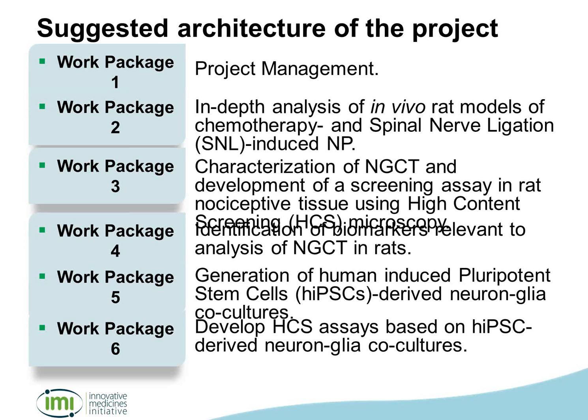Work package 3, we consider that this is a full package: the characterization of the neuron-glia crosstalk and development of a screening assay in rat and nociceptive tissue, and so on. For work packages 4, 5, and 6, as is stated in the slide, but as I said, this is just a suggestion, and this will be refined with the applicant consortium.